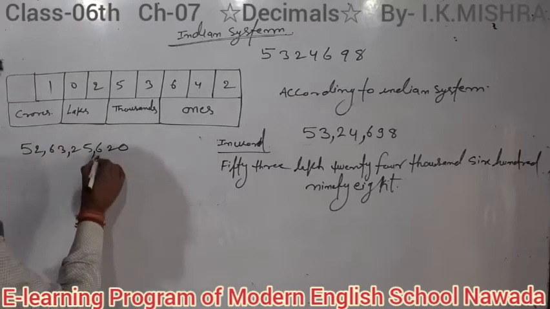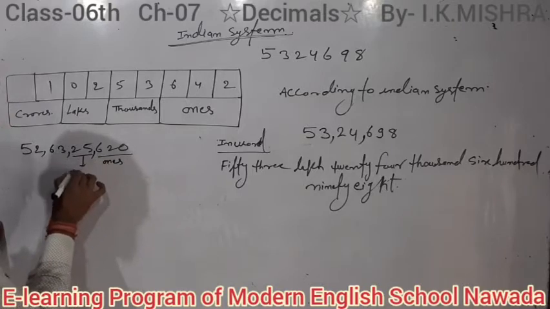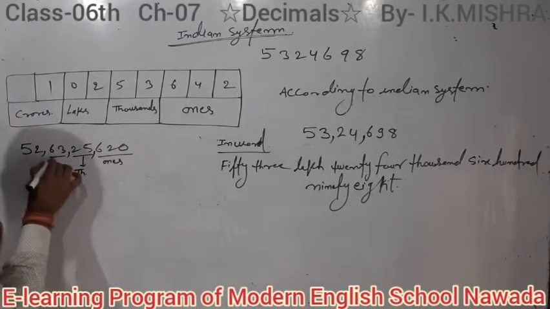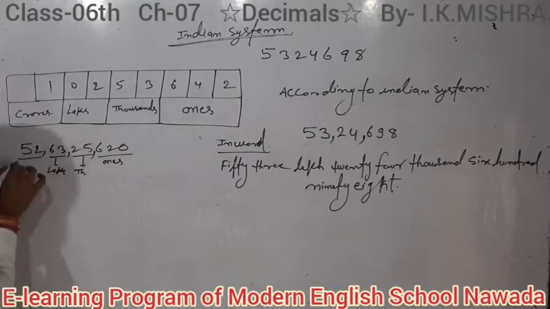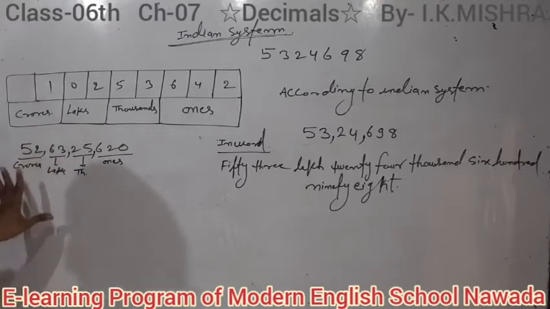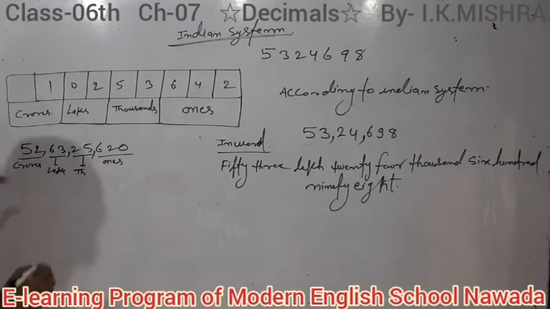Here this is the ones period, this is the thousands, this is the lakh, and this is the crores period. So you can write its name in words.